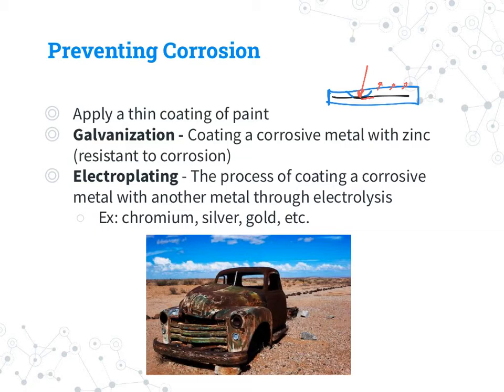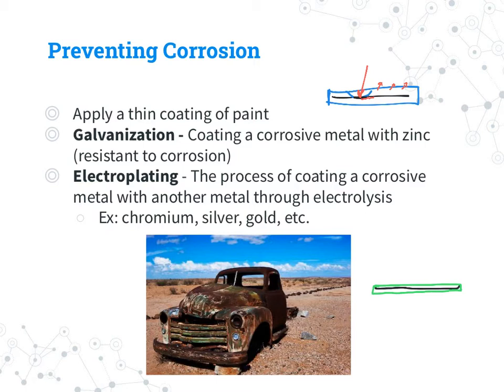So if we have our iron metal, we can coat it with a layer of zinc instead. Zinc does not rust. So because it is completely enclosed again, oxygen cannot make contact with our metal, our iron, and it cannot start to rust.